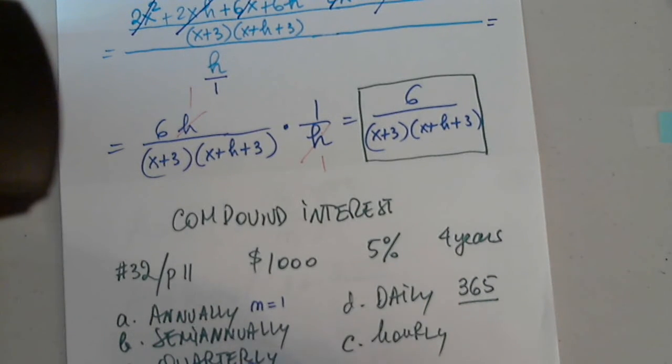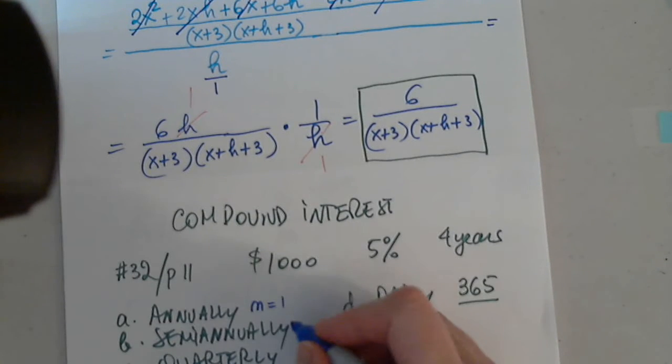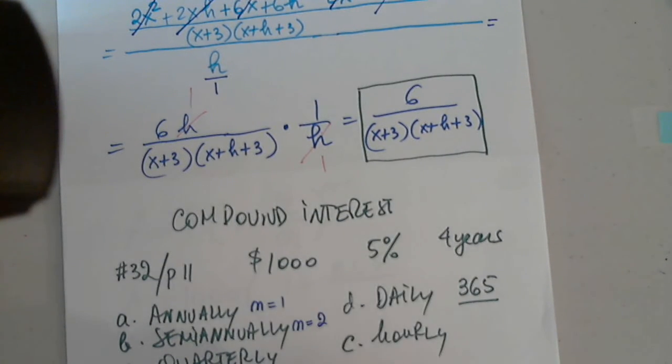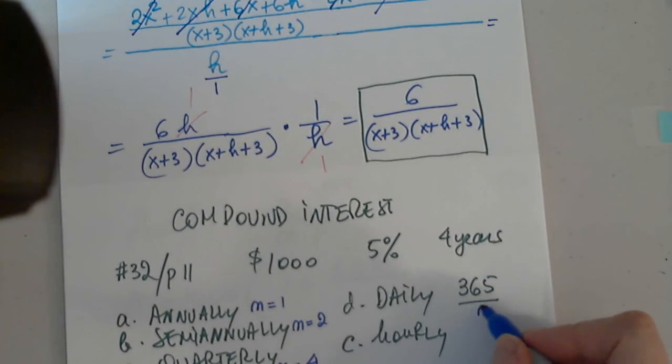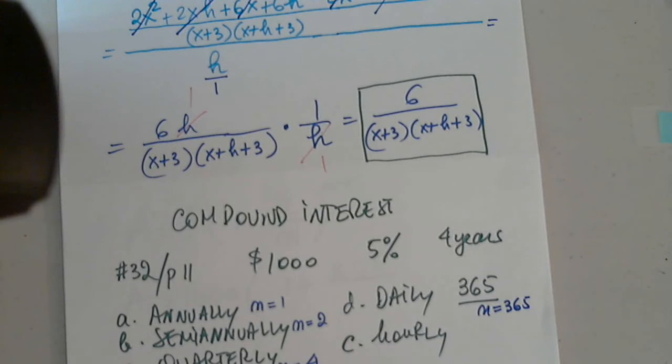Very good. What is N for semi-annually? 2. What is N for quarterly? How many quarters? 4. Okay. What is N for daily? So N equals 365. And I have no idea how many hours, but we have to multiply 365 multiplied by 24 hours in a day.